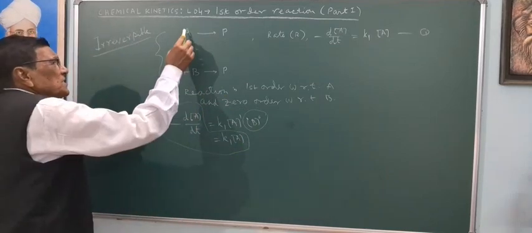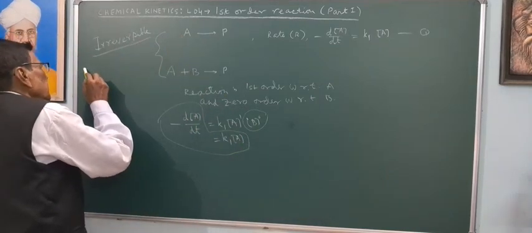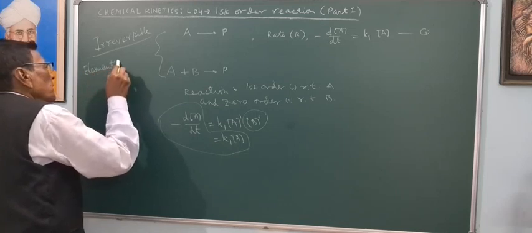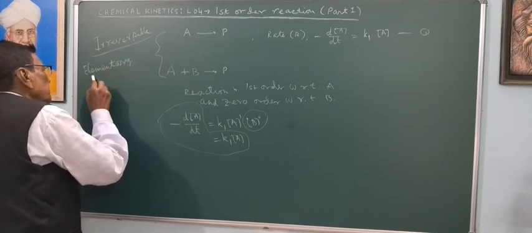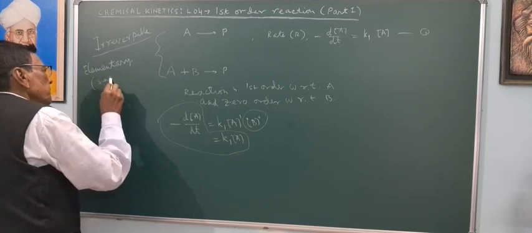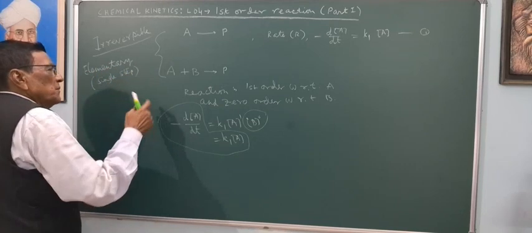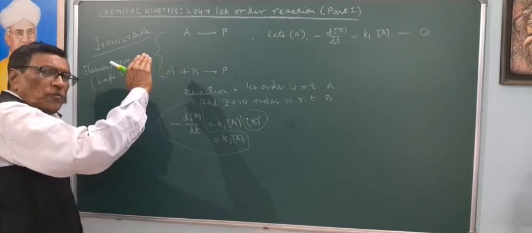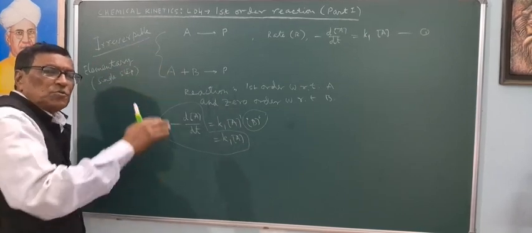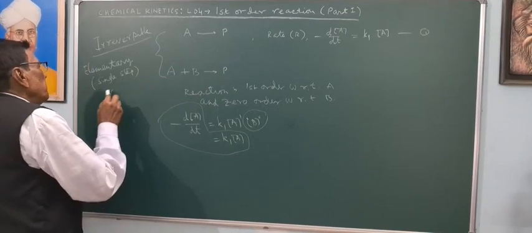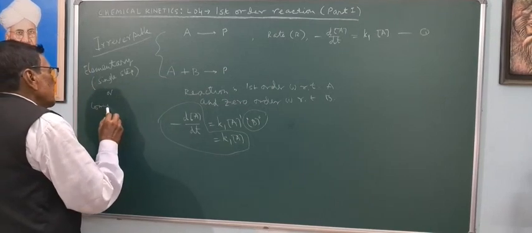Further, both these reactions may be elementary. Elementary means a single step, meaning the reaction will go in one step to give you the product. Or it may be complex.